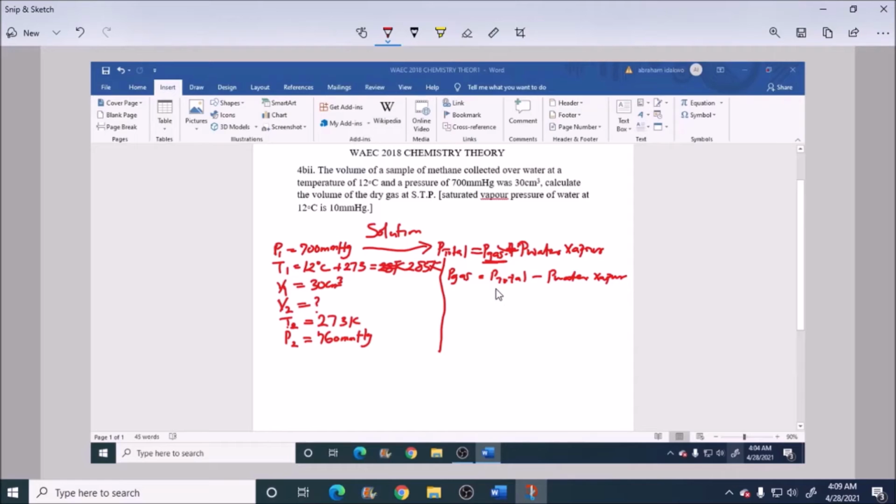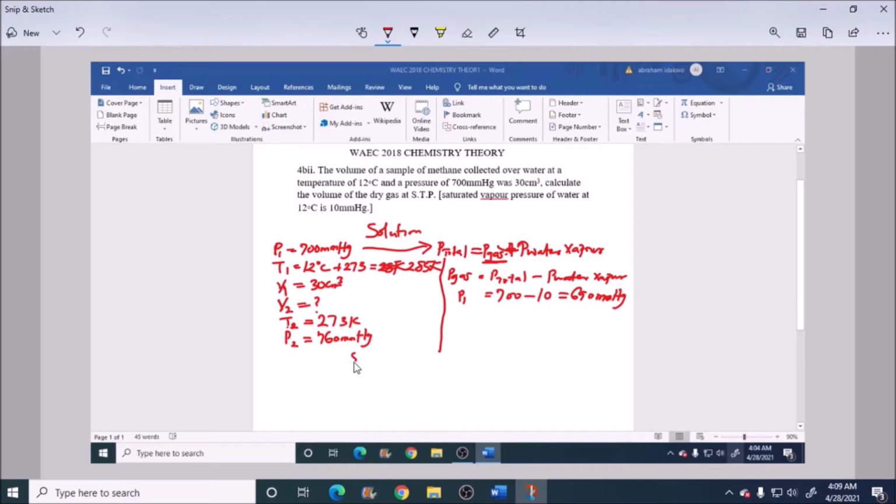Our P total here is 700, minus the pressure of the water vapor, which is 10 millimeter mercury given in the question. When we subtract, we have 690 millimeter mercury. That is our P1, the real P1 we have from this question.